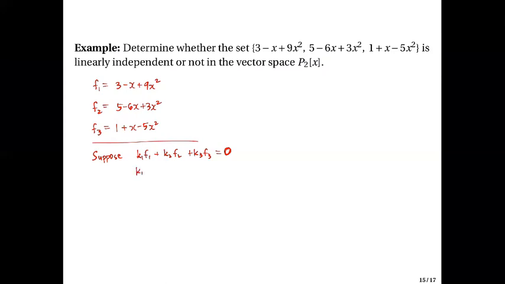You have k1 times F1, 3 minus x plus 9x squared, plus k2 times F2, 5 minus 6x plus 3x squared, plus k3 times F3, 1 plus x minus 5x squared. And the right hand side is just your zero polynomial.